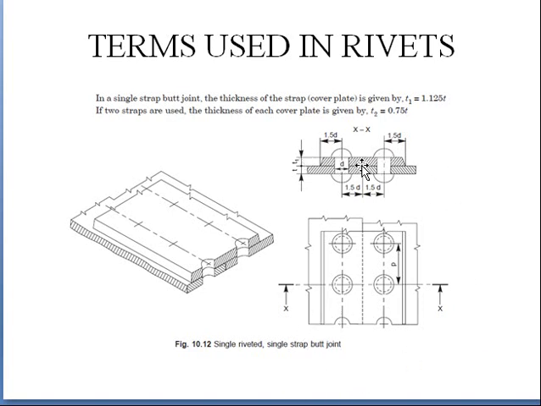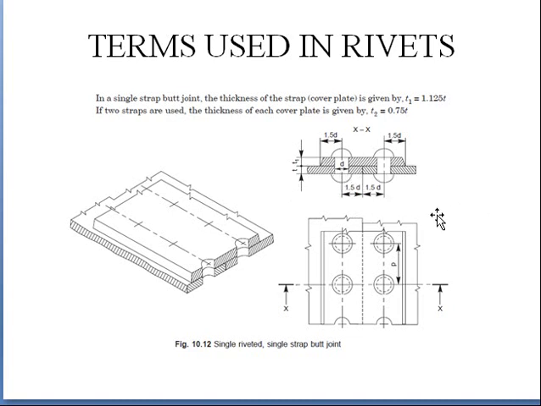Now these straps can be of two types, single strap or double strap. A single strap is when we place only one sheet over the plate, and if we place one above and one below, then we call it a double strap. Here you have only one plate over this, so it is a single strap butt joint.